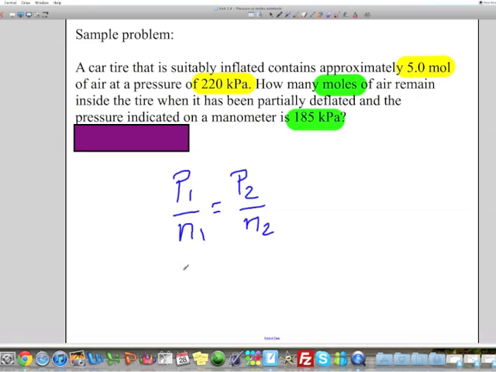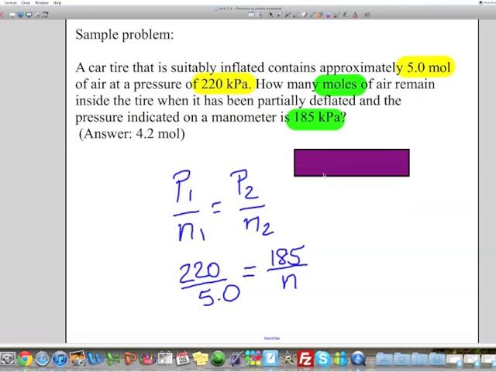If we replace, P1 is 220 kilopascal, N1 is 5.0 mole, and on the other side we have 185 kilopascal, and we're looking for the number of moles that it corresponds to. We're going to cross multiply to find the value of N, and the value of N is 4.2 mole.